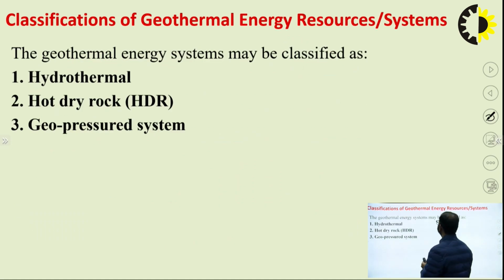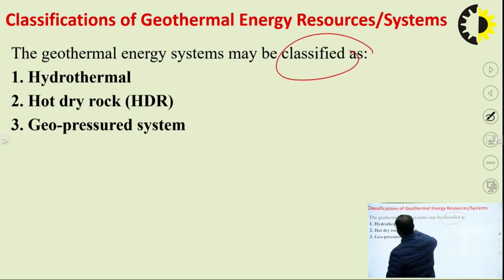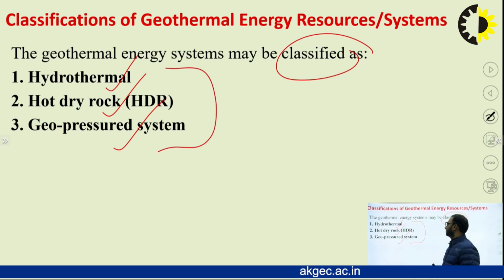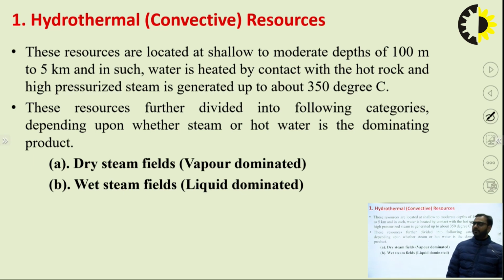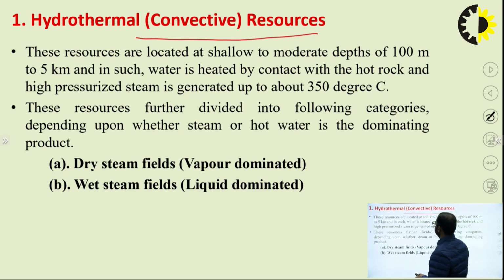Then what is the classification of geothermal energy resources? The geothermal energy system may be classified into hydrothermal, hot dry rock and geopressurized systems. So there are three classifications of geothermal energy systems. The first classification is hydrothermal convective resources.